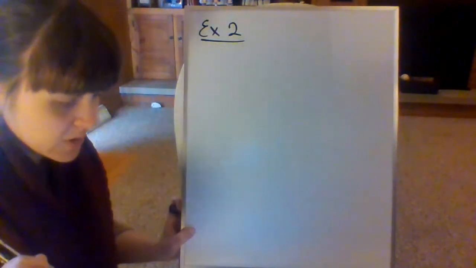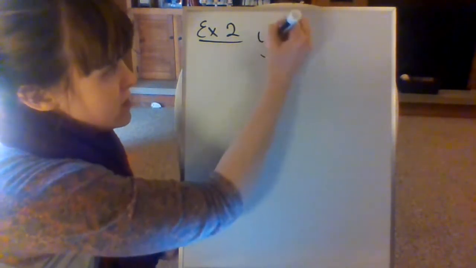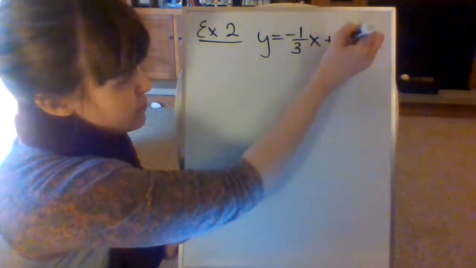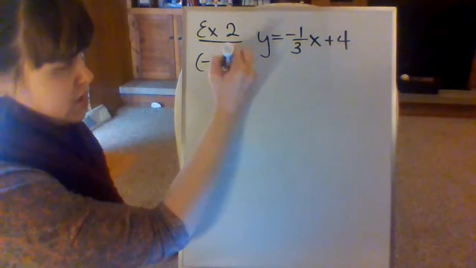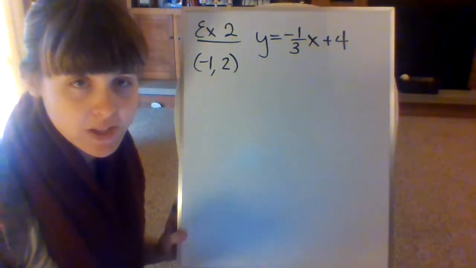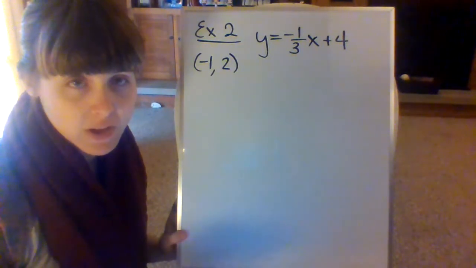Alright, example 2 says, write the equation of the line that is perpendicular to y equals -1/3 x plus 4, and it passes through -1, 2. Okay, so let's establish what the slope is of this line right now. The slope right now is -1/3.